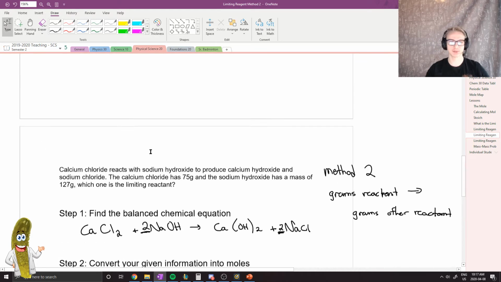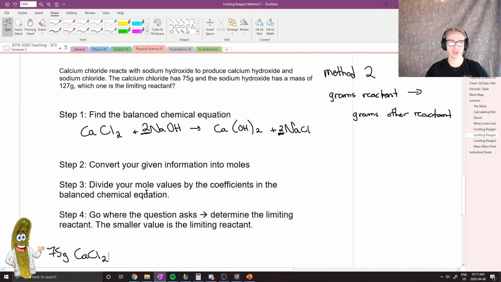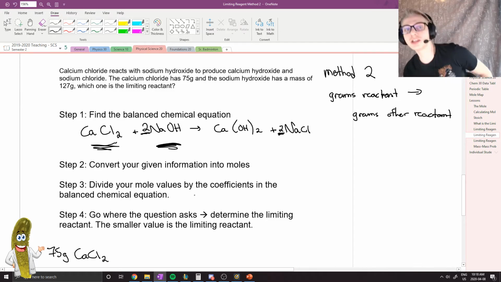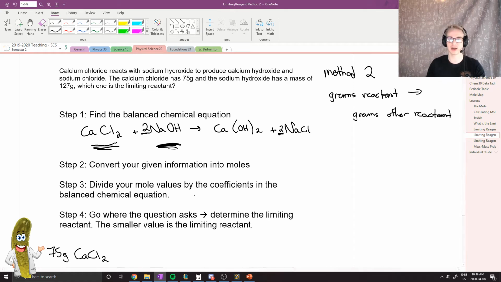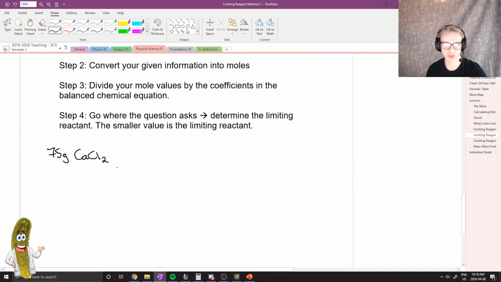So I have 75 grams of calcium chloride, and I'm going to then just use my skills from stoichiometry to go from grams of calcium chloride. So I want to go from grams of calcium chloride, and I want to convert to grams of sodium hydroxide. Now what that will tell me is how many grams of sodium hydroxide are required to react with 75 grams of CaCl2. We'll do the work and I'll show you what I mean.